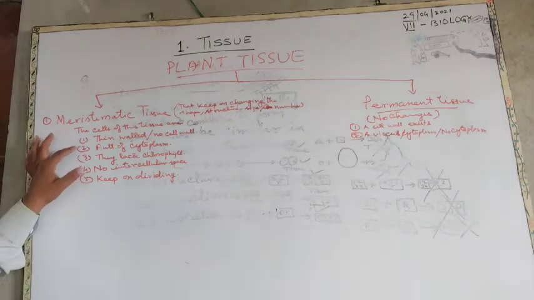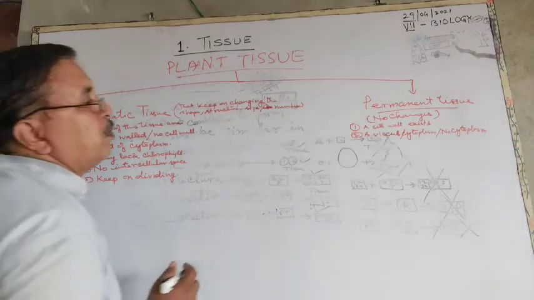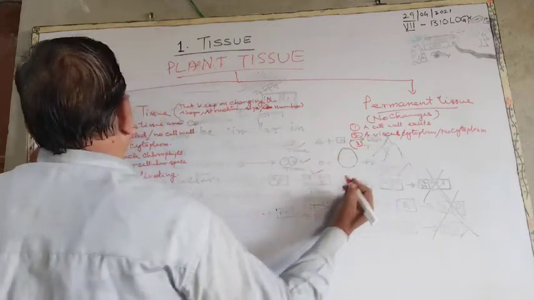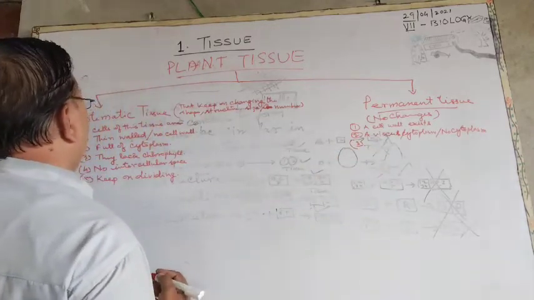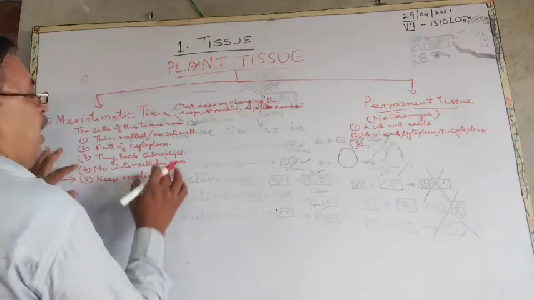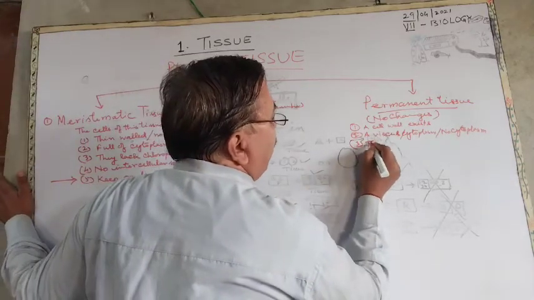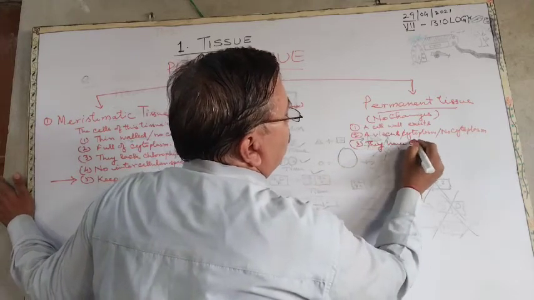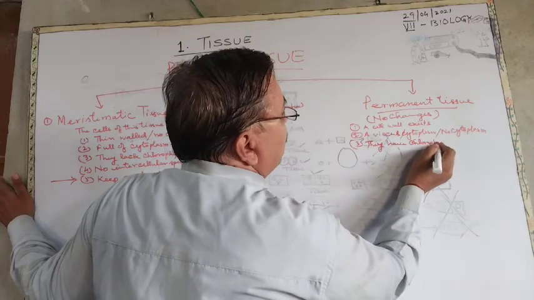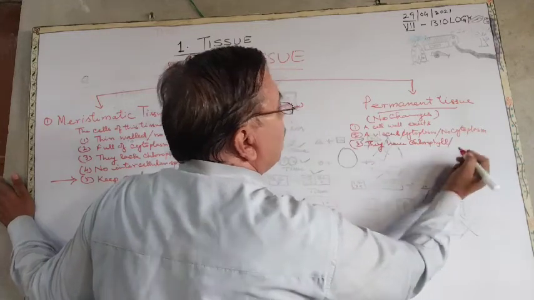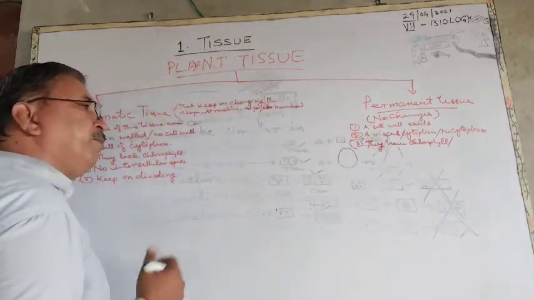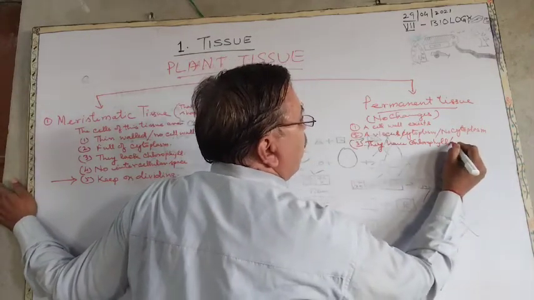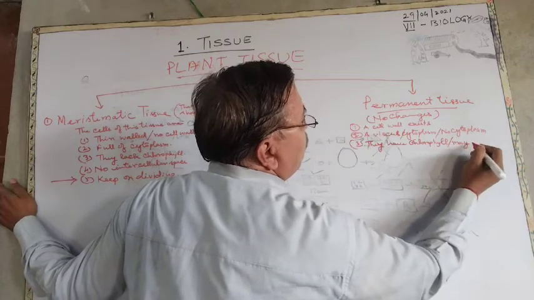The third thing: meristematic cells lack chlorophyll, but permanent cells have chlorophyll, though some of the permanent cells may not have it, depending on the location.